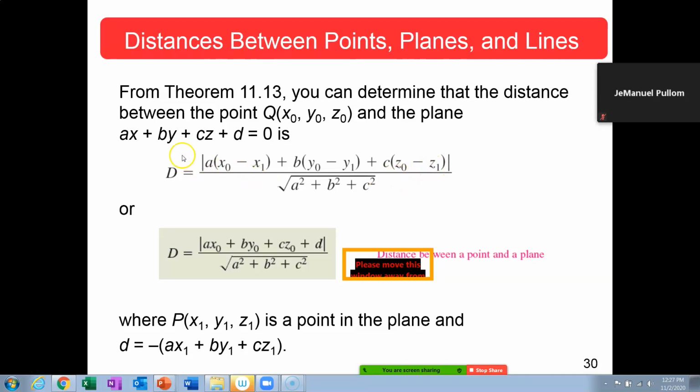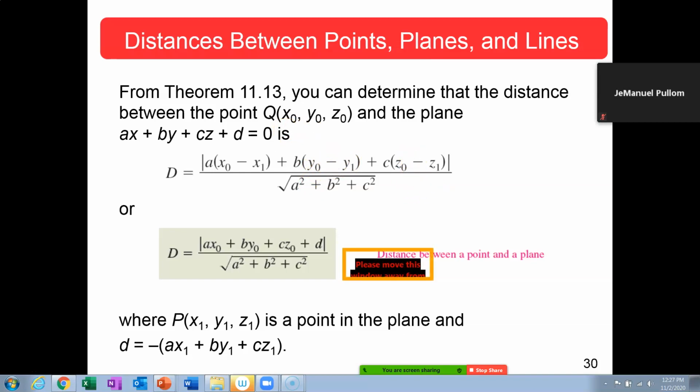So the normal vector A, B, C, and the vector PQ from P on the plane to Q not on the plane, that would be x0 minus x1, y0 minus y1, z0 minus z1. The dot product would then be A times x0 minus x1, B times y0 minus y1, C times z0 minus z1.